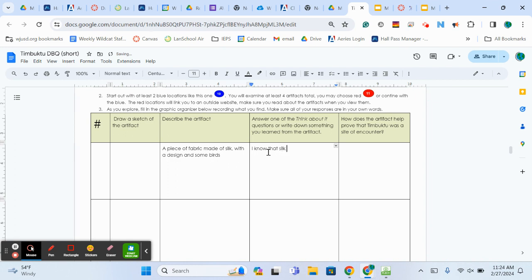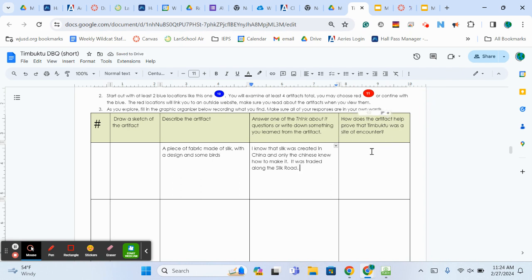Silk was created in China, and only the Chinese knew how to make it. It was traded along the Silk Road. Oh, goodness gracious, the Silk Road. Perfect.